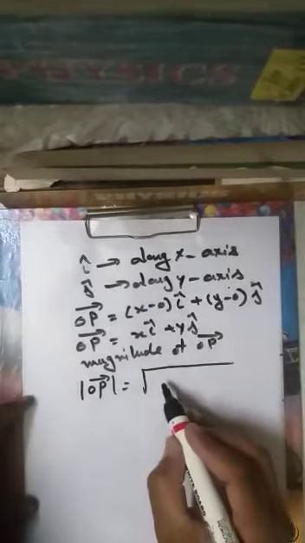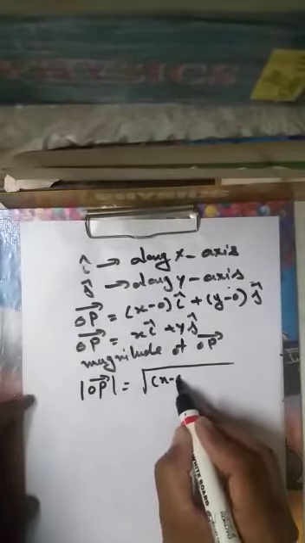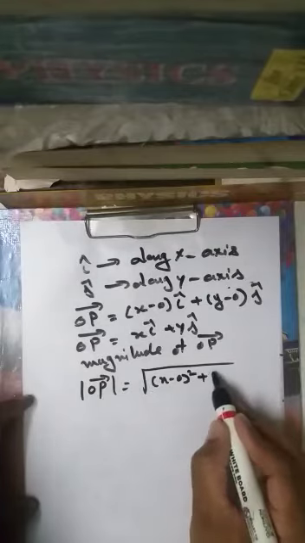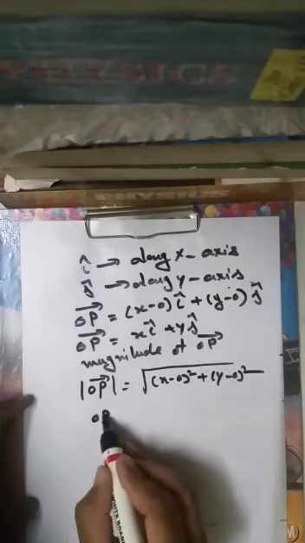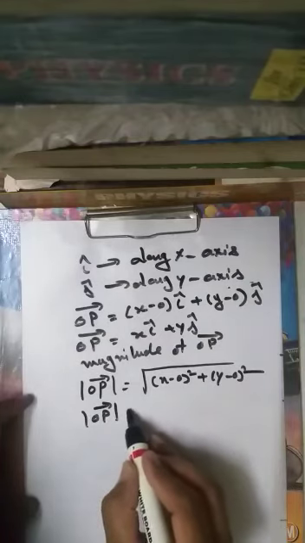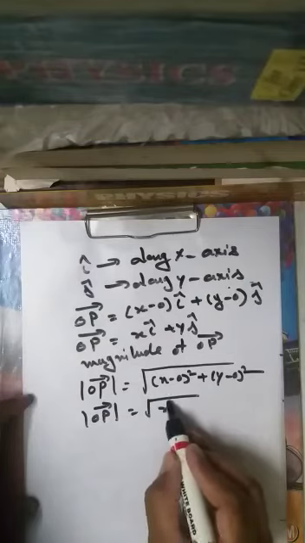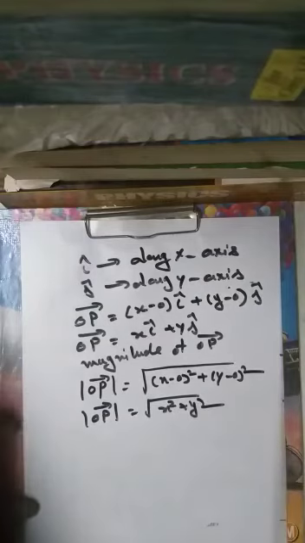As we do in mathematics to find the distance between two points, the same thing applies here: final point minus initial point whole square, final point minus initial point whole square. Then the magnitude of OP is equal to the square root of x square plus y square, or simply it is the square root of the sum of the squares of the position components given.